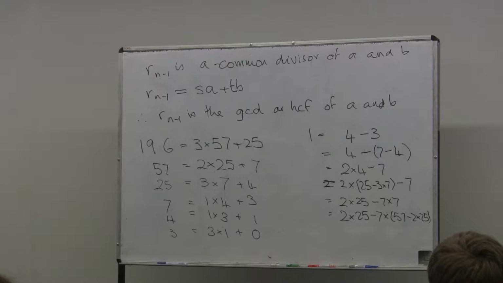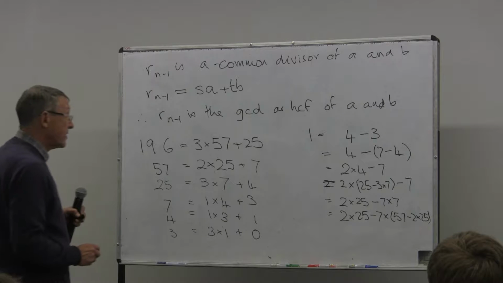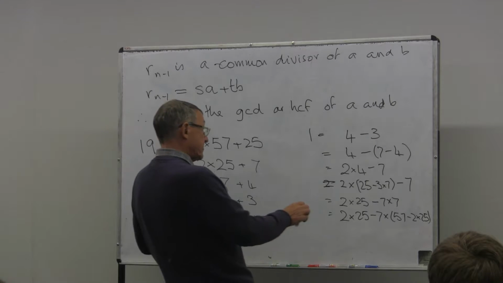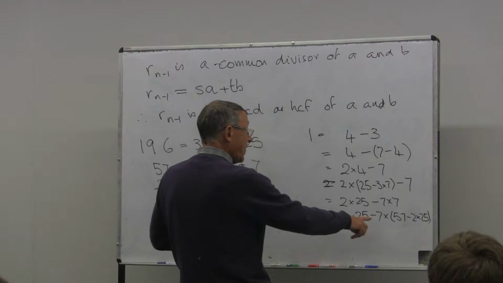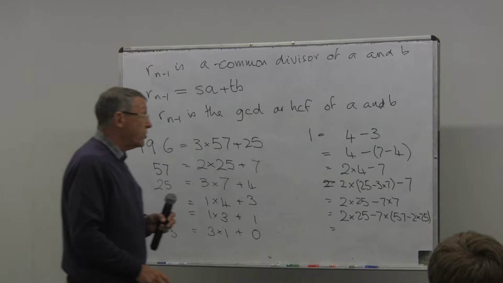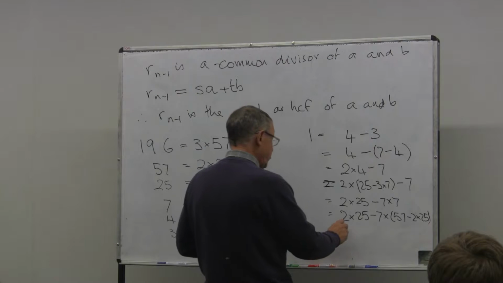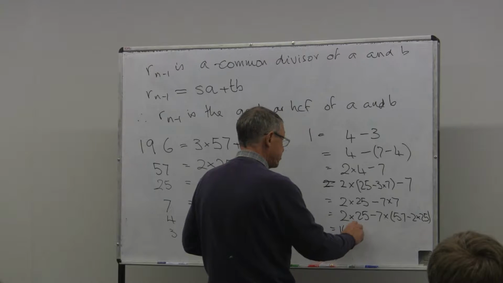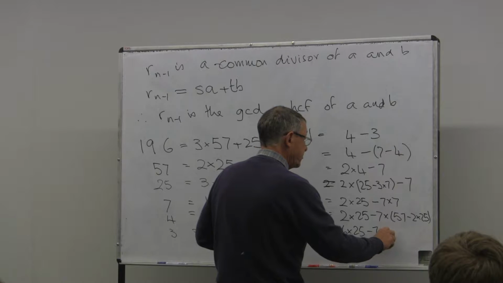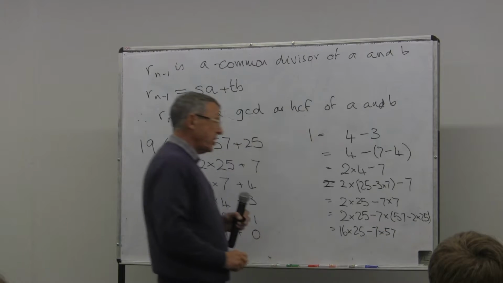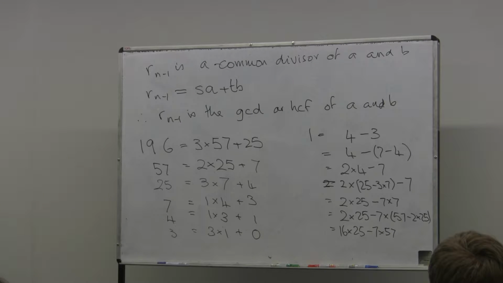How many 25s have you got? 16. That gives you 2 25s plus 14 25s, 16 25s, minus 7 times 57. I had to take a moment to check that that was actually correct.